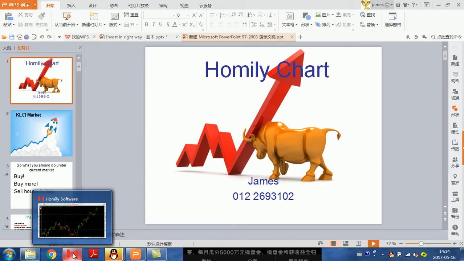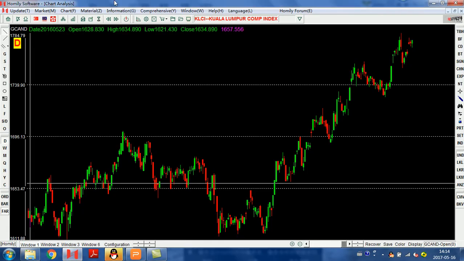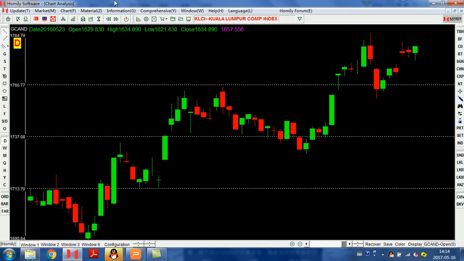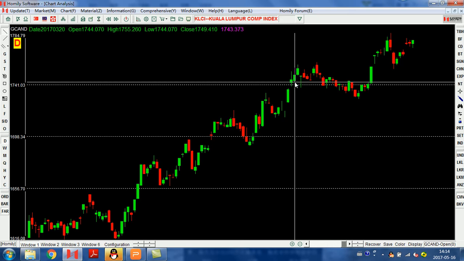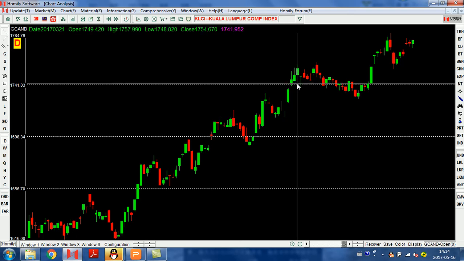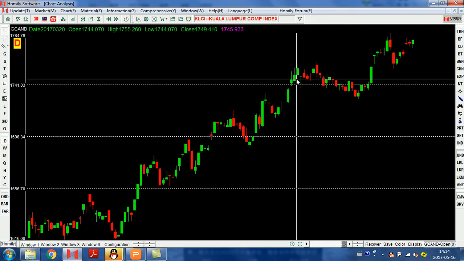From the recent market performance of the KLCI local market, as we know from the picture here, the KLCI stepped into the sideways area on 21 March 2017, right? Till now, the total market is not as strong as before.